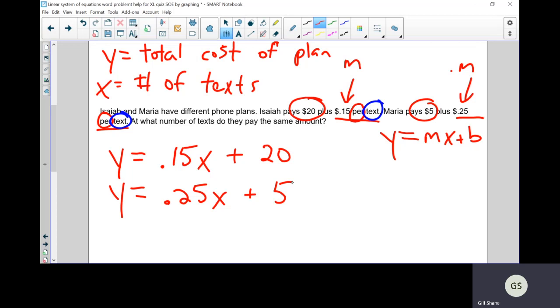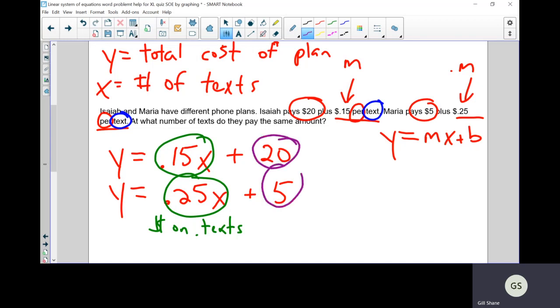To break it down a little bit more, the first column, or whatever you want to call it, these amounts, that's the money they spend on texts. And then this column right here, these numbers, that's just their one-time fee.